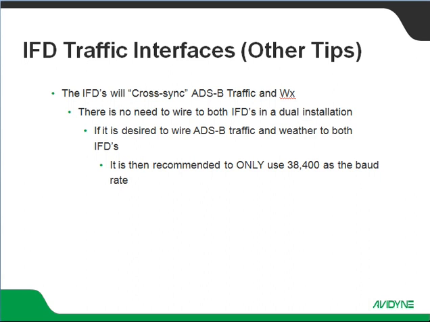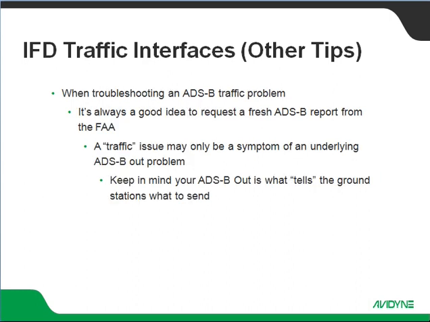But I would recommend do not use the Capstone high-speed protocol, because what can end up happening is if we're running high speed, that's 115,200 baud, and cross-syncing at 115,200 and receiving at 115,200, it's a lot going on. It can really start to tax the processor a little bit and slow some of the other things down that the IFD's needing that resource to do. So again, if you're going to wire to both and have cross-sync on, use the slower baud rate.